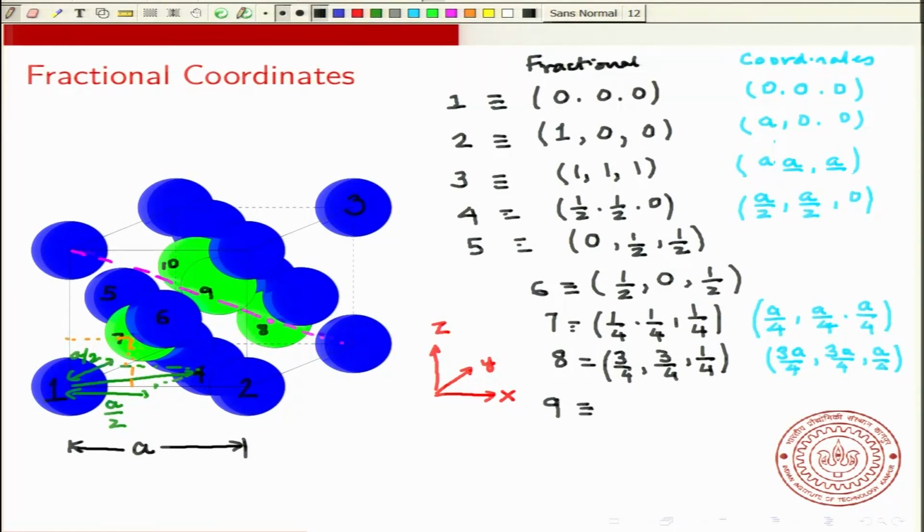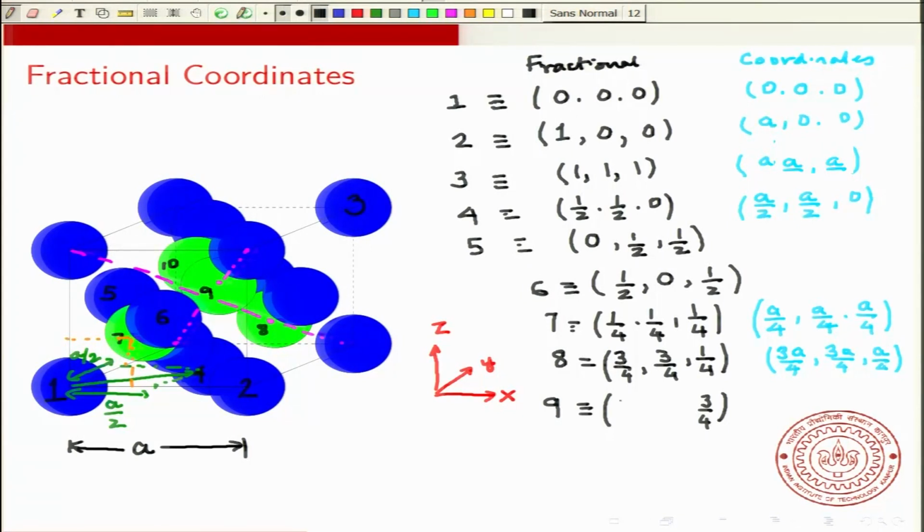Now you can go to atom 9. Atom 9 is along a body diagonal that starts at this atom and ends at the atom that is diagonally opposite, that is this atom. So this is the body diagonal, goes through this and comes here. I'll just write the fractional coordinates. You can easily see now this is closer to the top face, so its z coordinate is 3 by 4.